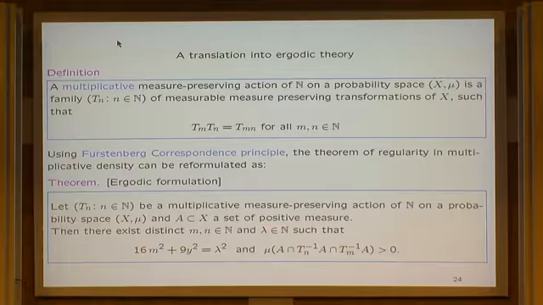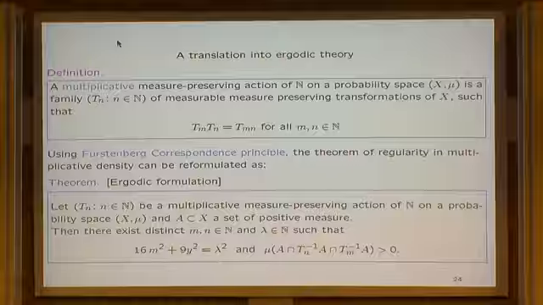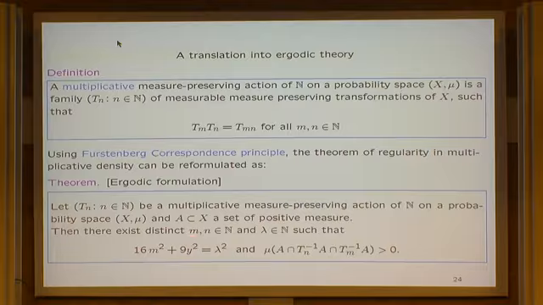If we have a multiplicative measure preserving action of the integers on a probability space, and a measurable subset A of X has positive measure, then there exist distinct m and n and some λ such that (mλ, nλ), that is x and y, is a solution of our system, 16x² plus 9y² is equal to z².